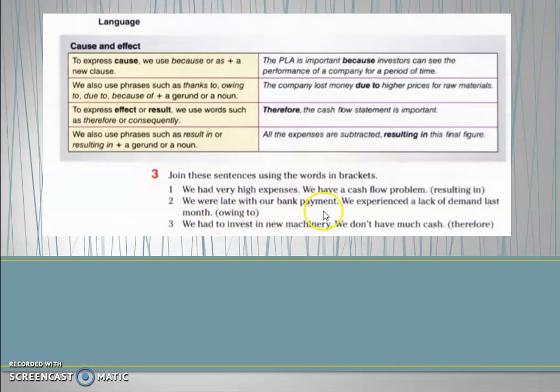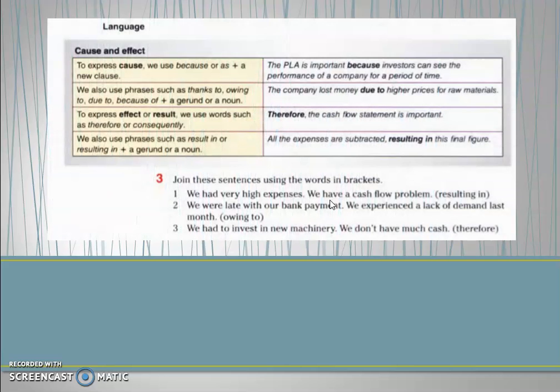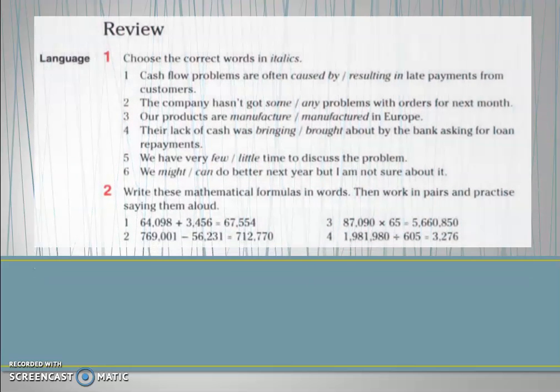Again, use owing to, and therefore. You should think whether to write this first or in the middle, so you have to think carefully. Another one here, just the same. Okay, sorry. Let's move on.